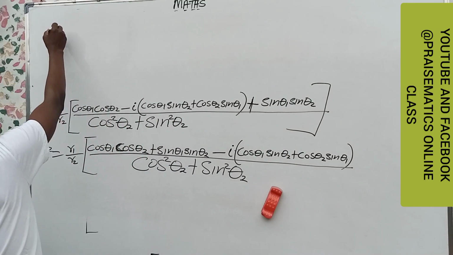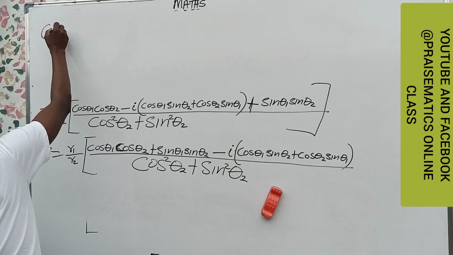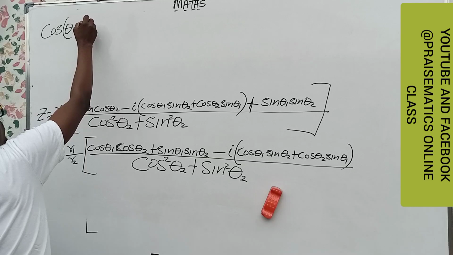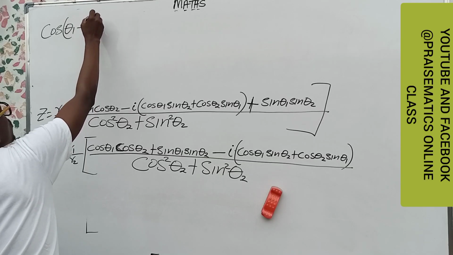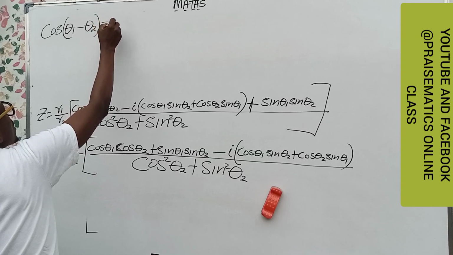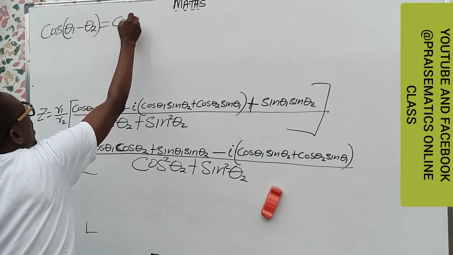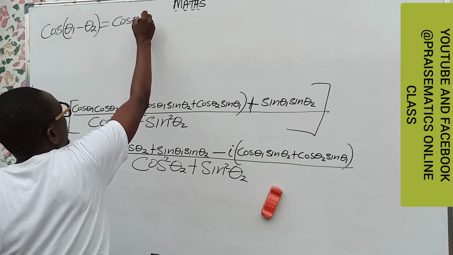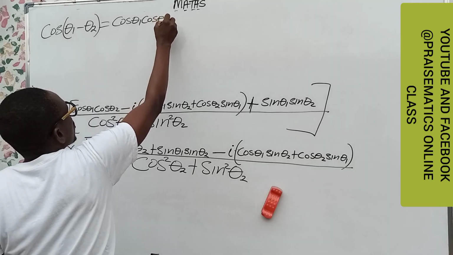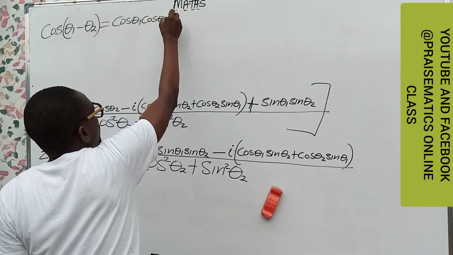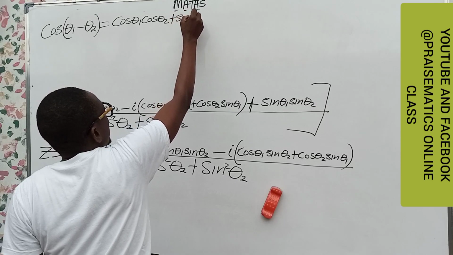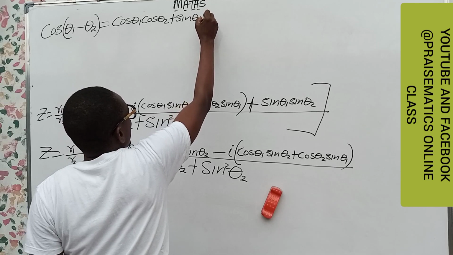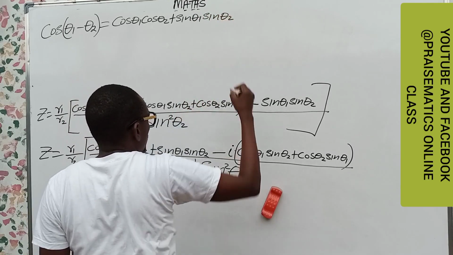The trigonometric identity says cos of theta 1 minus theta 2 is equal to cos theta 1 cos theta 2 plus sine theta 1 sine theta 2.